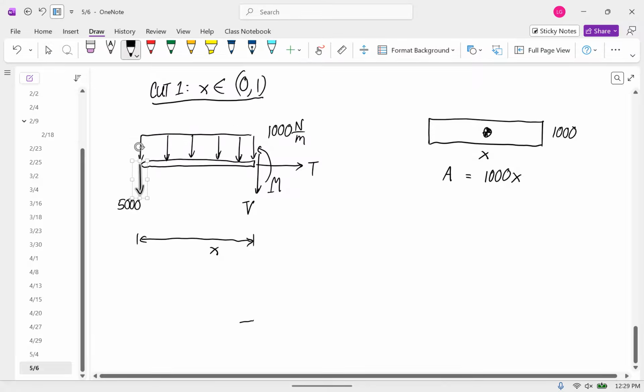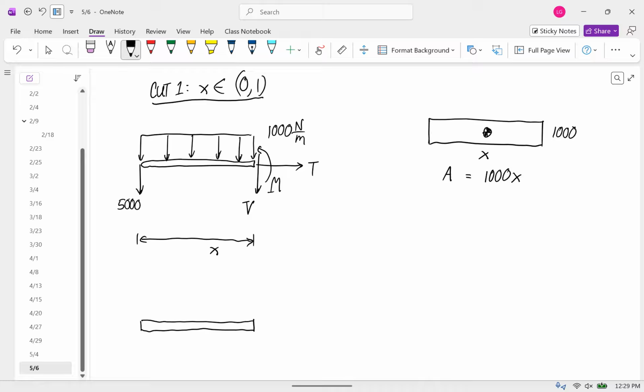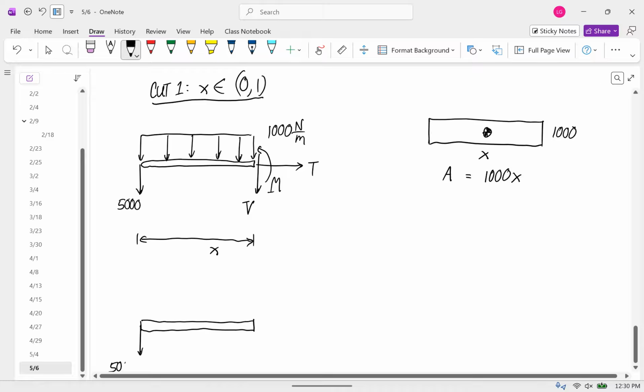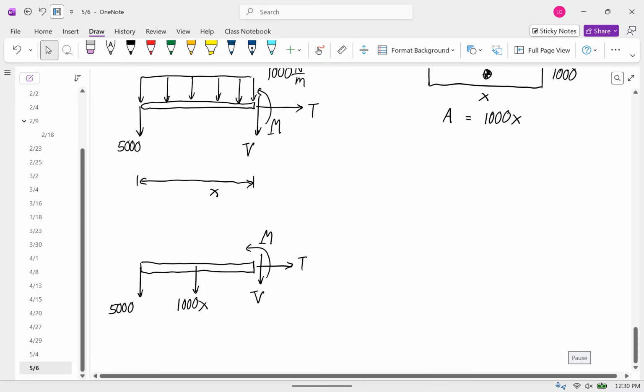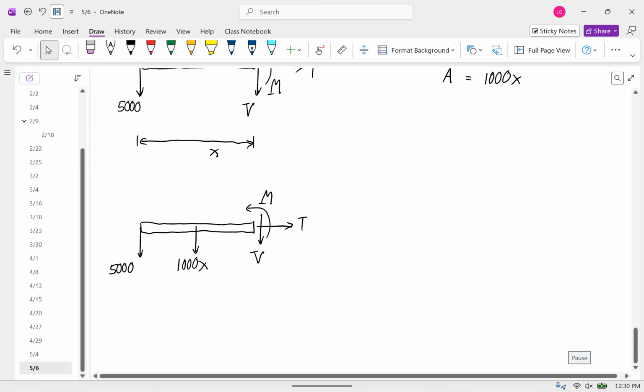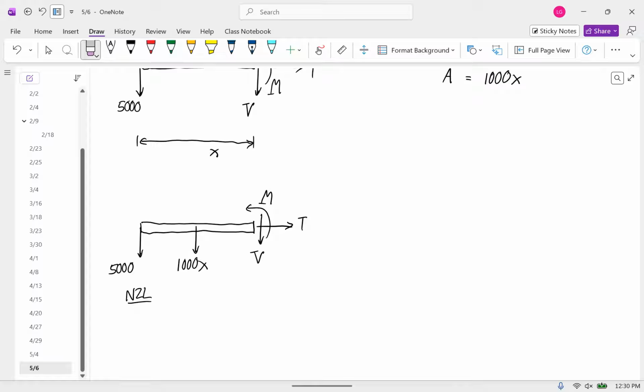So now I'll redraw this. We have the 5,000. We have the 1,000x and the internal loads. Newton's second law says -5, nope, that's down.